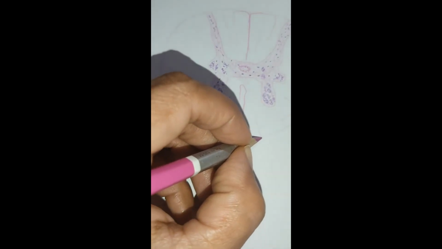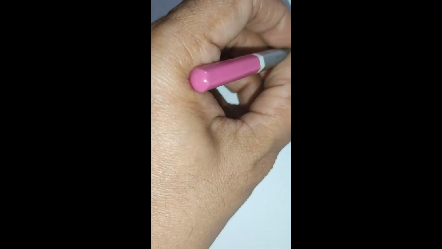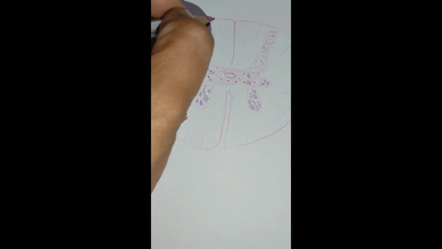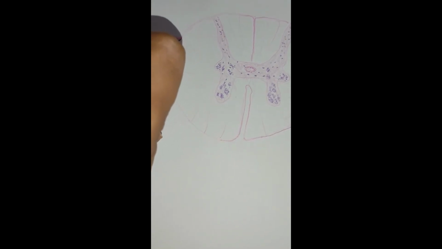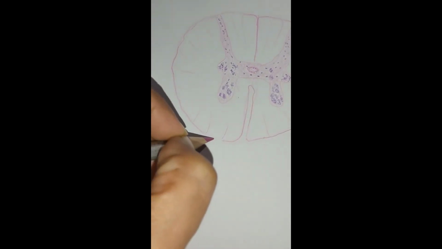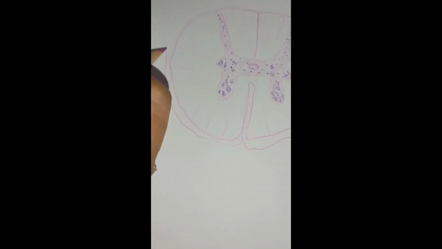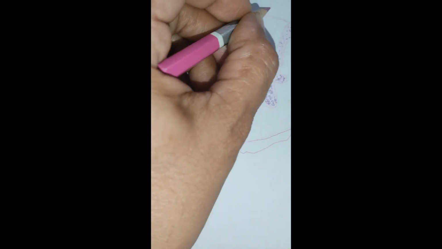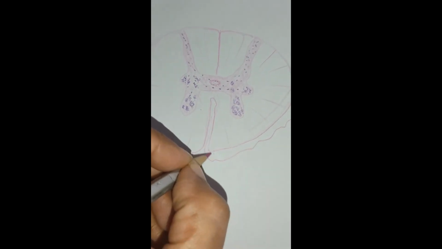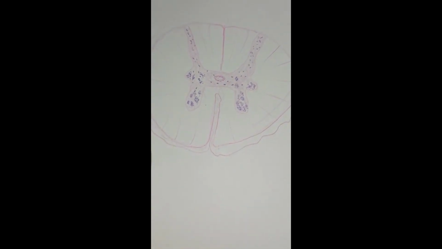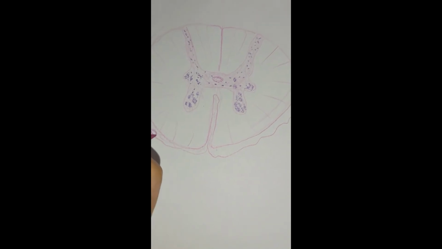Okay, so the pia mater is adherent to the spinal cord, and then lies the arachnoid mater, so this is the subarachnoid space, which contains the trabeculae and the blood vessels.